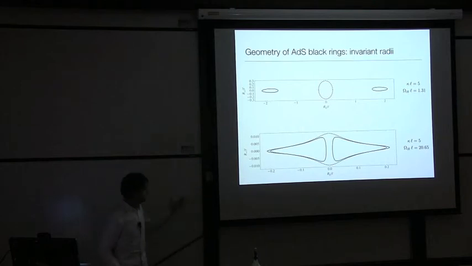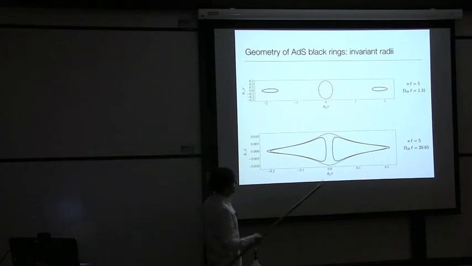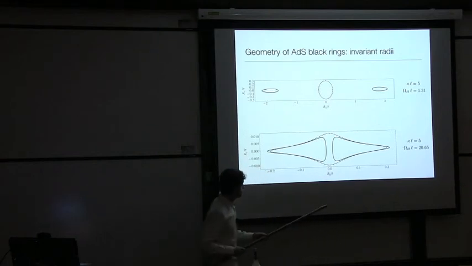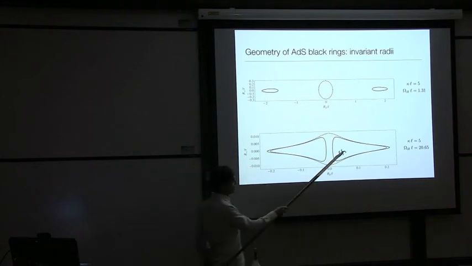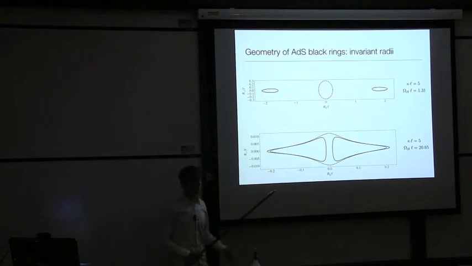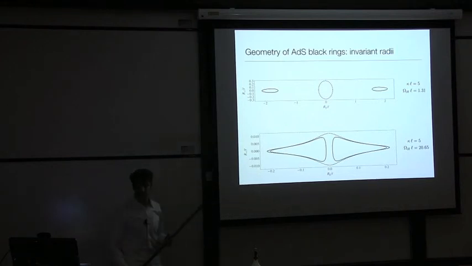On the fat side, in this limit, rings look essentially like membranes. So the extent on the plane of rotation is orders of magnitude larger than the extent of the ring in the transverse directions, and the hole in the middle is small compared to the outer radius. So that's essentially the same as the fat rings in flat space.